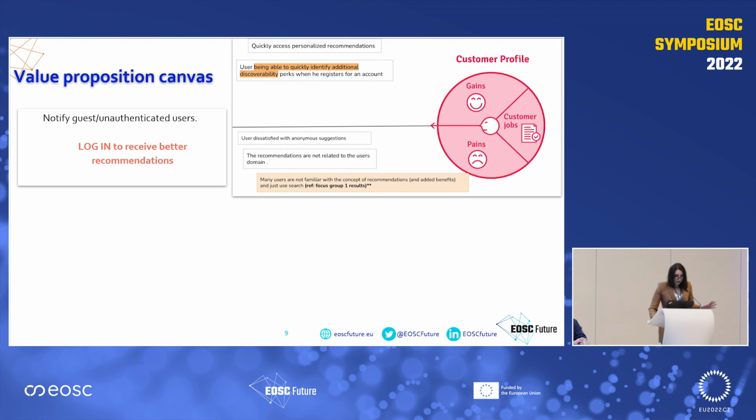This is a long one with the value proposition canvas because it's taken one by one. But it's something that we got from them, so I think it's important to go through this. First of all, we have to notify the unauthorized users that if the user is not logged in, the system doesn't have any kind of information about that person, and the recommendations that they will get will look pretty much random.